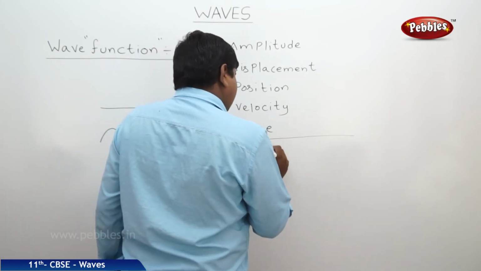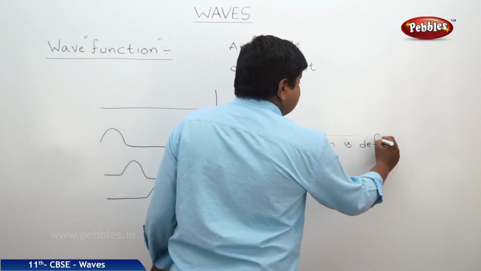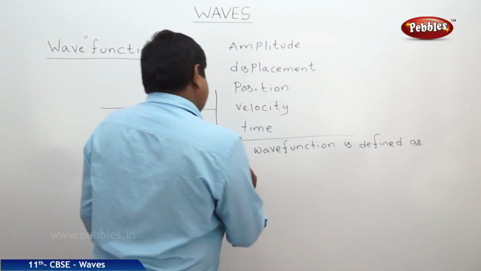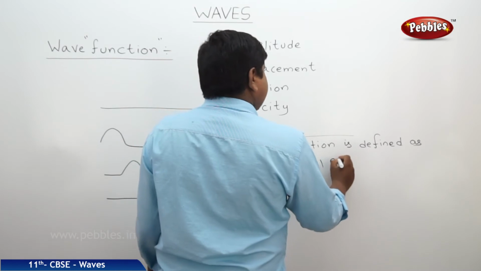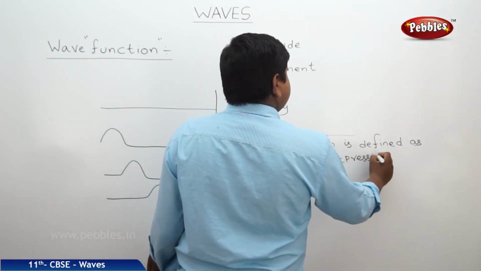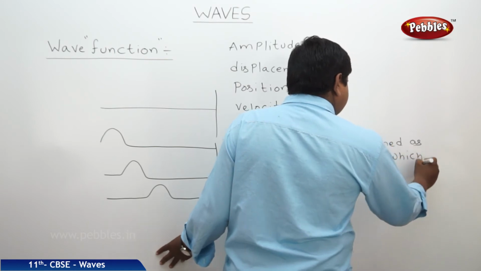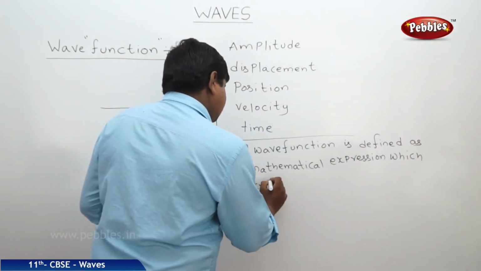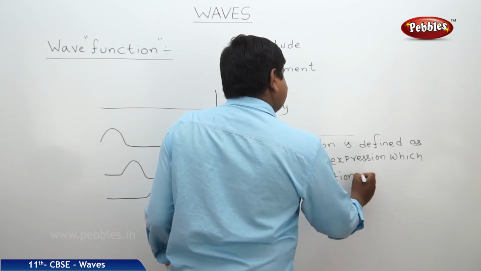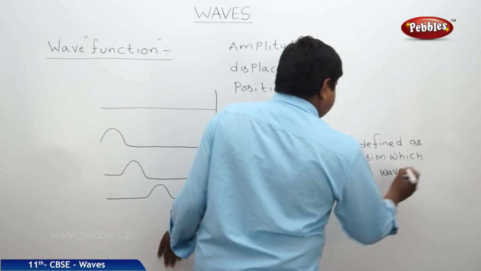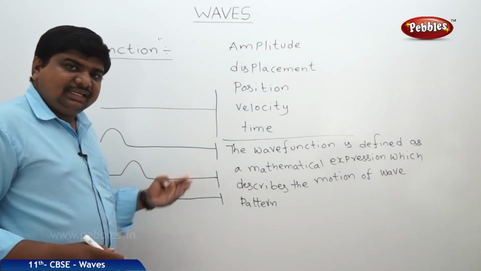The wave function is defined as a mathematical expression which describes the motion of a wave pattern involving x, v, t and many more.